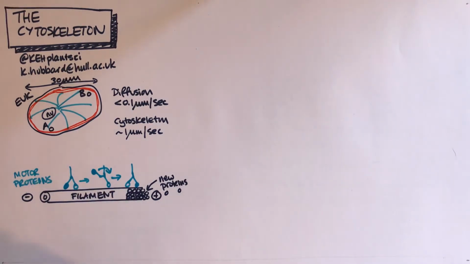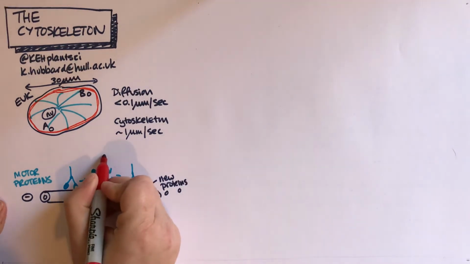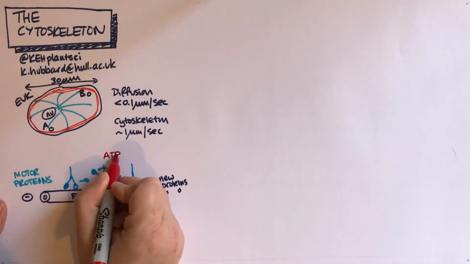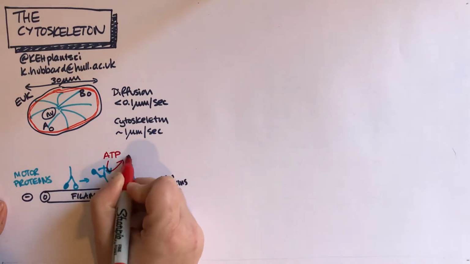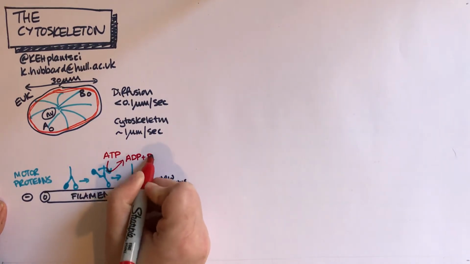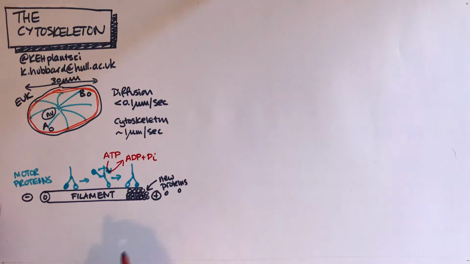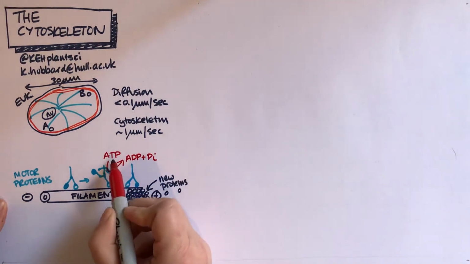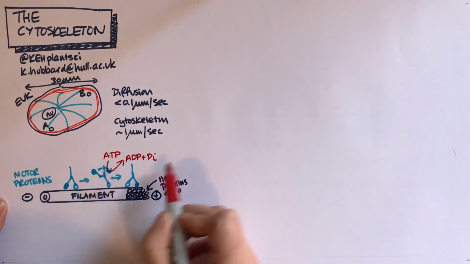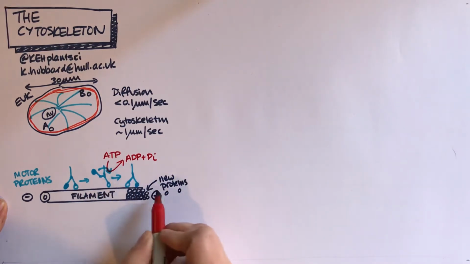That motion requires the hydrolysis of ATP. So this is another way that the cell is using up ATP. And if you remember, the hydrolysis of ATP releases energy, and that energy is being used to power the movement.